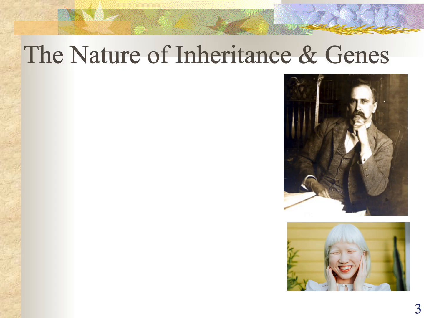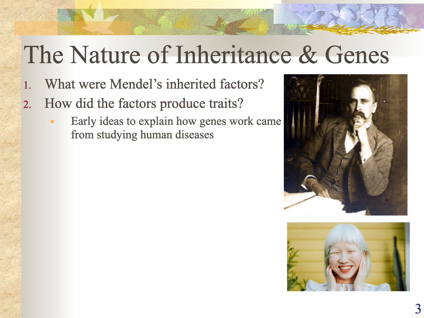But we still didn't know what were the inherited factors that we were following, and we had no idea how the inherited factors could produce physical traits. And so Mendel's work clearly worked in experimental models like the garden pea, and we could follow particular traits, but we couldn't follow every trait.